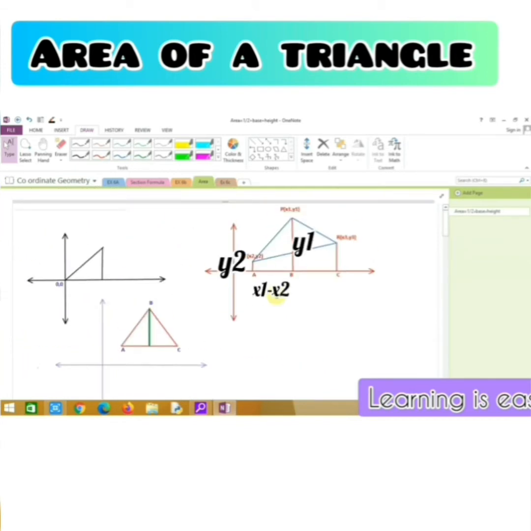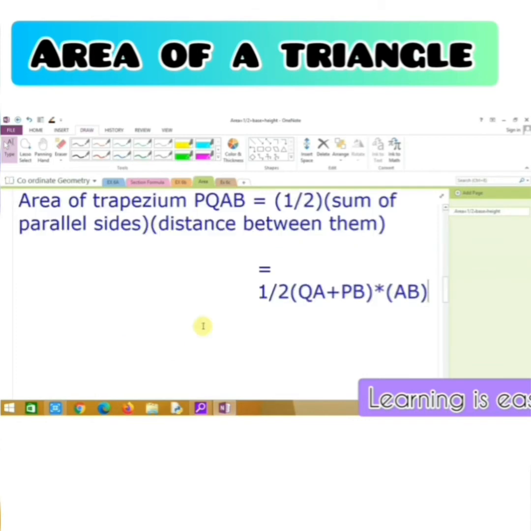QA is Y2, PB is Y1, so half into Y1 plus Y2, and the distance AB is going to be X1 minus X2.